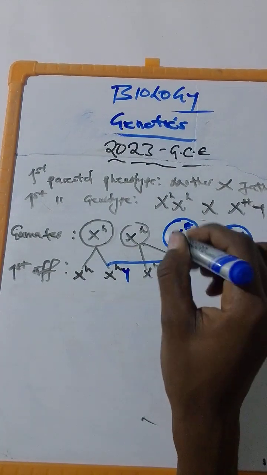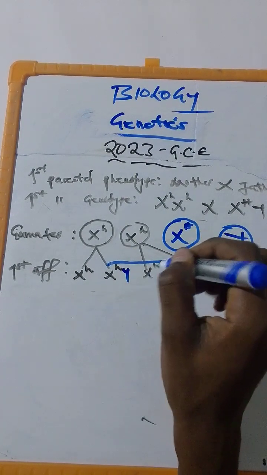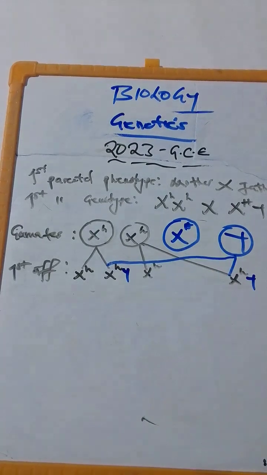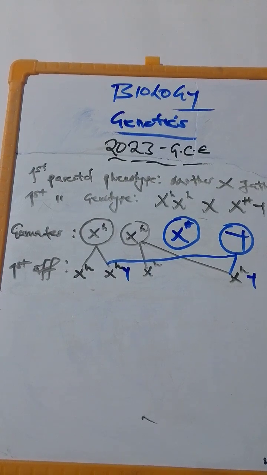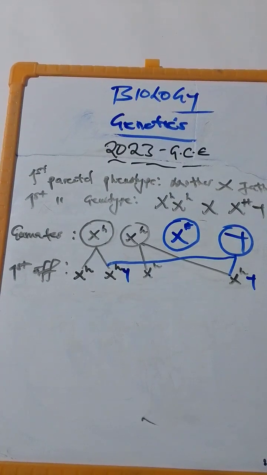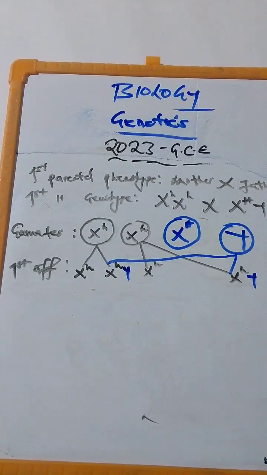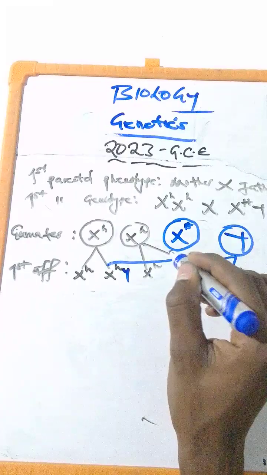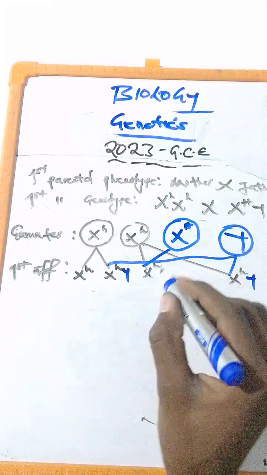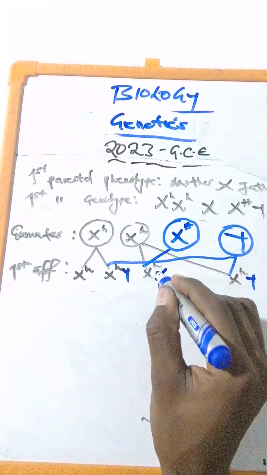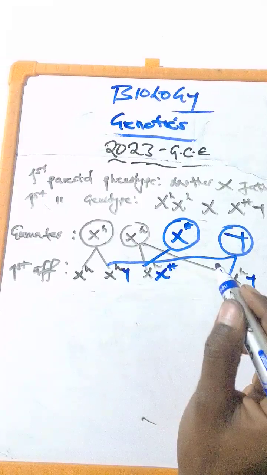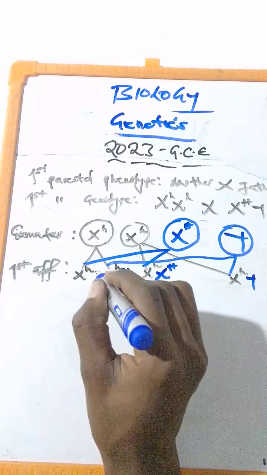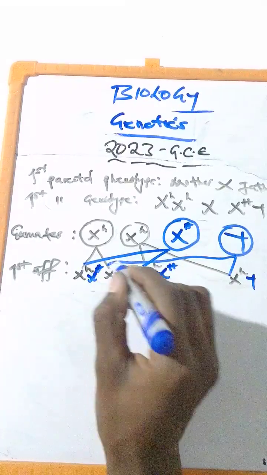Of course, this one which has remained will fill up where the missing alleles are. So from there, now this part will drop here. Then you have something like this. Then this one also drops there. Then you have something like that.